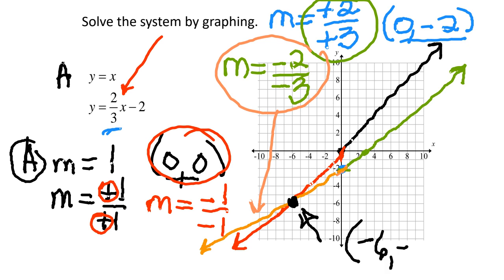Well, to make my point, graphing isn't very accurate. Notice I had to fix my red and my green line. Well, that's going to happen sometimes, but with Pearson, they're going to draw your line pretty good.